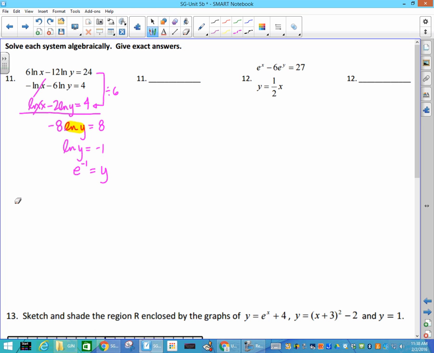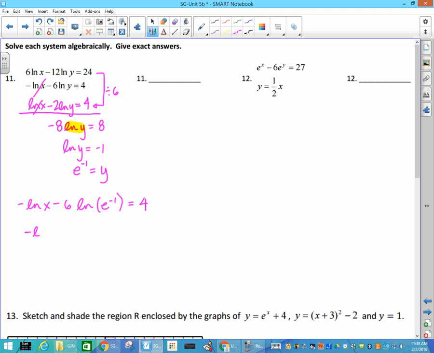And then go back and plug it in, and it does not matter where you plug it in. I'm going to use the one with fewer numbers. So I'm going to say negative ln of x minus 6 times the ln of y, and y is this, equals 4.